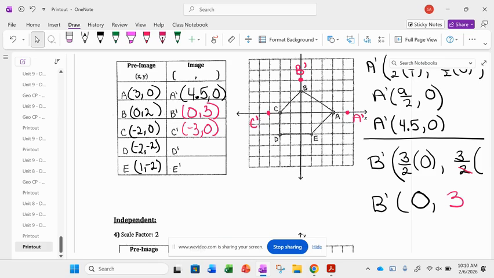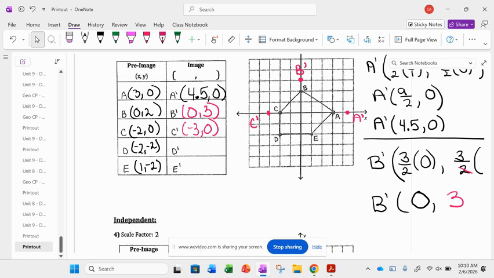Tell me how to do this one. So now you can't cross simplify, right? 2 doesn't go into 1.